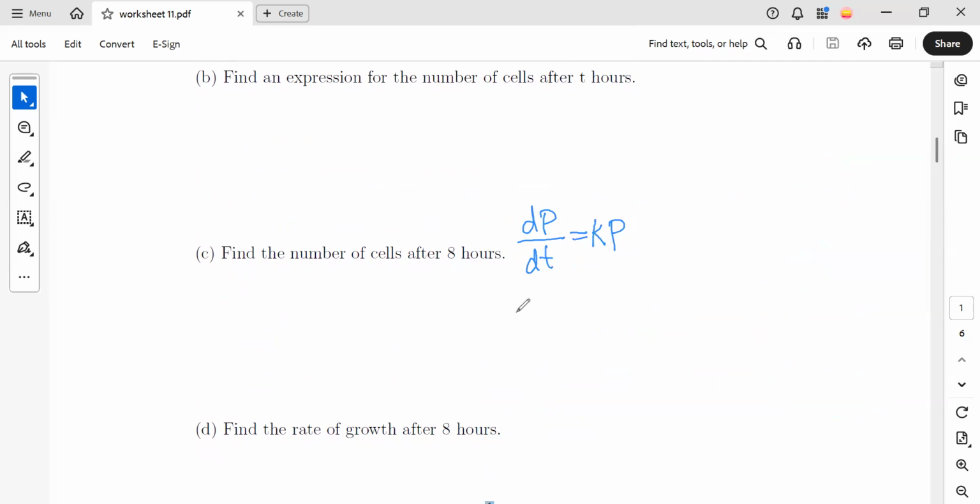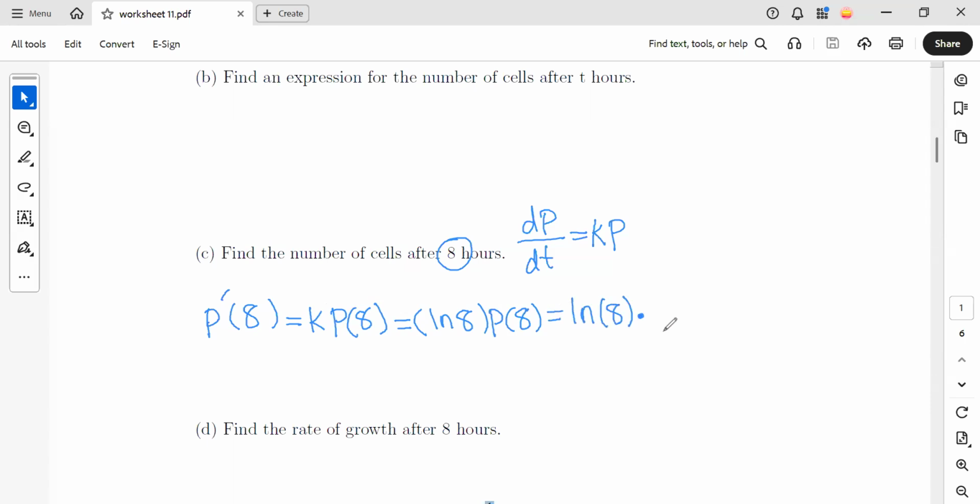So dP/dt is P prime of t, but here t is 8, equals k times the population after 8 hours. We know that k is ln of 8 and P of 8 is here. So it will be ln of 8 times P of 8.